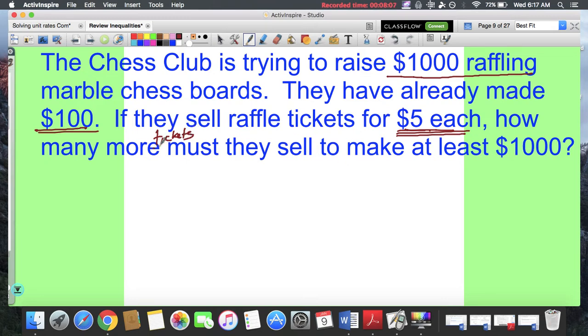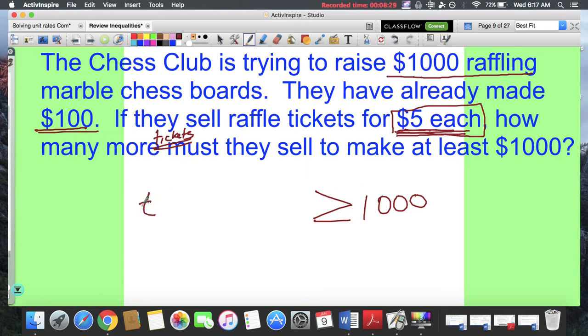So tickets is our unknown. How many? I don't know. How much is each ticket? A ticket, it's $5. So here is our relationship. So I need to make $1,000, right? So they need to make greater than 1,000 or equal to 1,000. How are they going to make that money? Well, they're going to sell tickets.